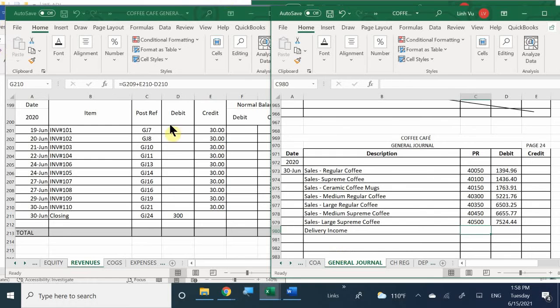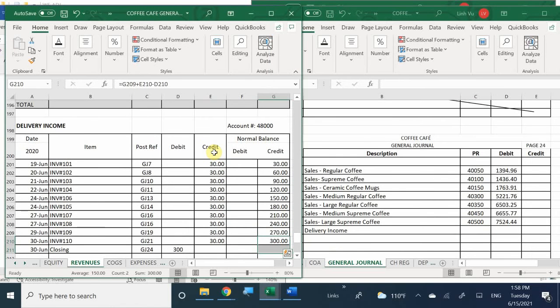Account. Question. Now I know this is out of the blue, but when we were doing our accounts receivable, when we're doing delivery income, but we didn't get paid for delivery income, does that matter? No, it doesn't matter because remember, we're on an accrual basis. We recognize that we completed a task, whether we got paid or not.